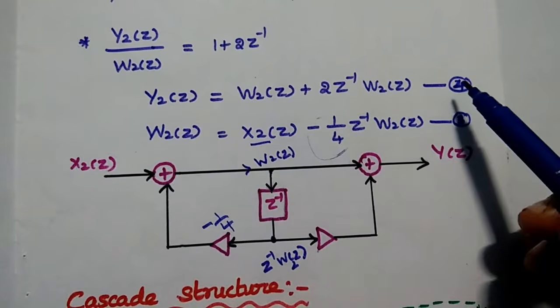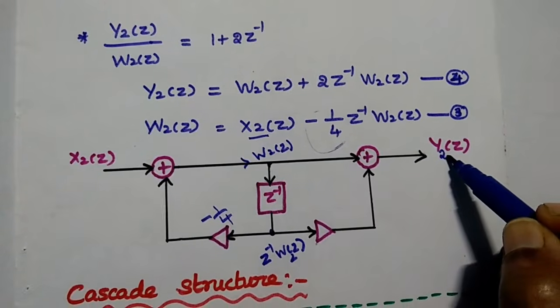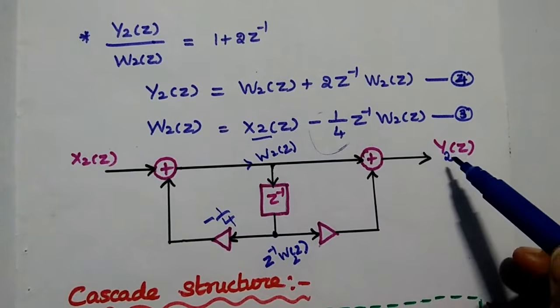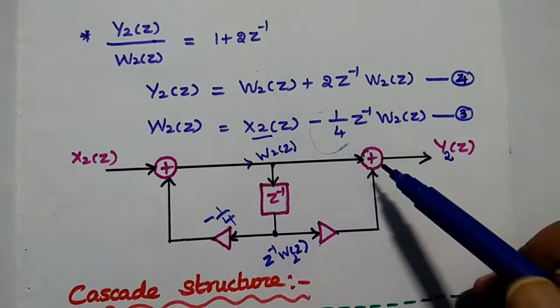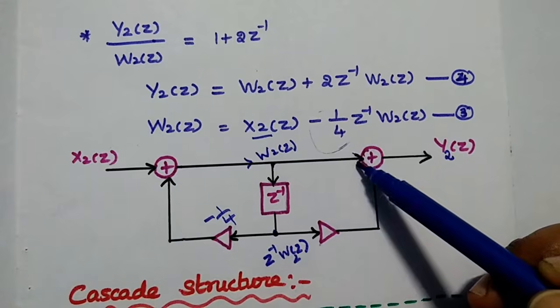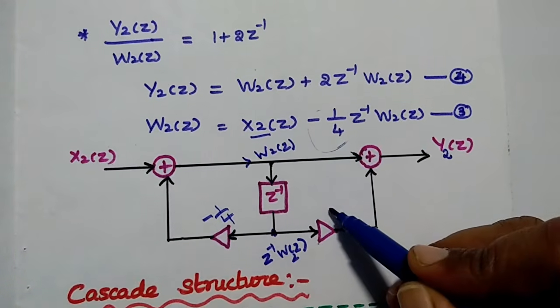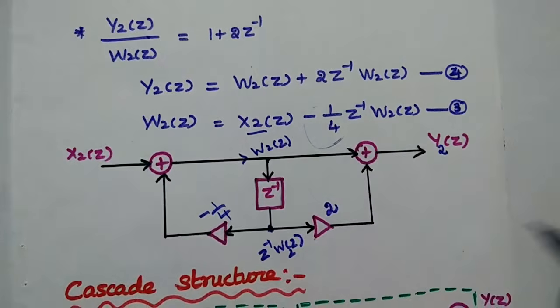The same way for this fourth equation, here the output is Y2 of z. Okay. So this can be obtained by adding these two values. So for this we have W2 of z on this input side. So here we are going to multiply this value with the multiplier 2.